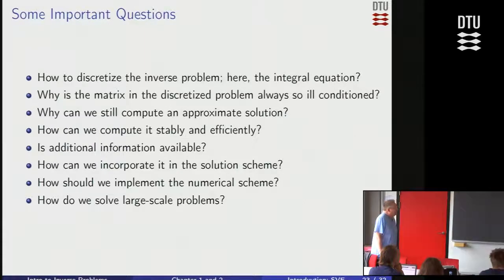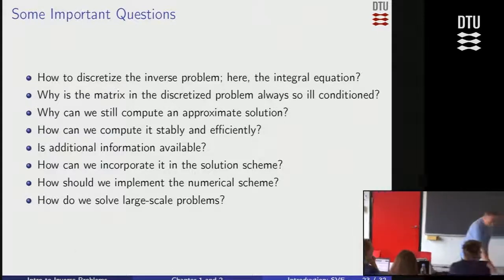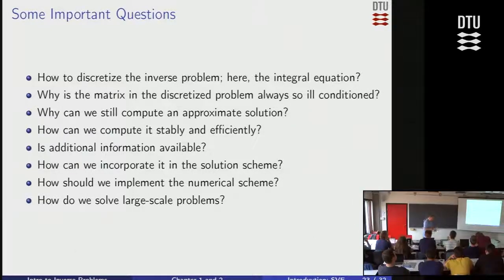Right. So this is kind of an agenda for the rest of the course. Once we have formulated the inverse problem as an integral equation, say, how do we actually discretize it? How do we put it on a computer so we can solve it there?